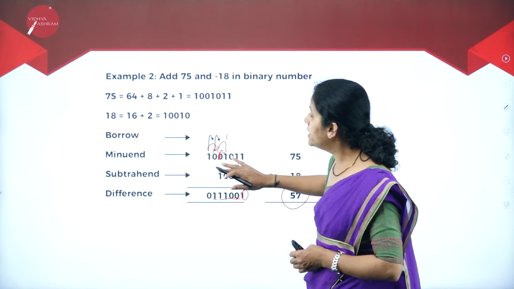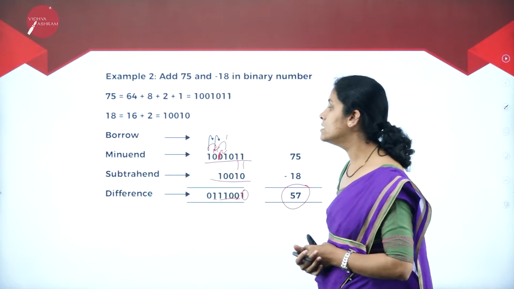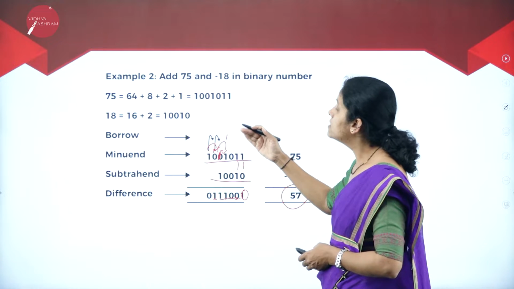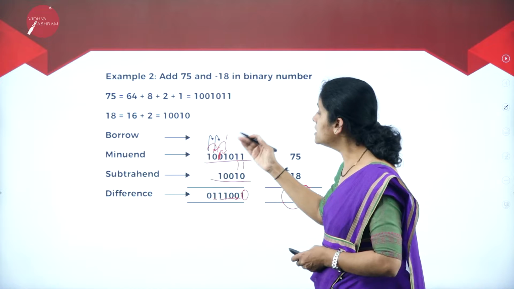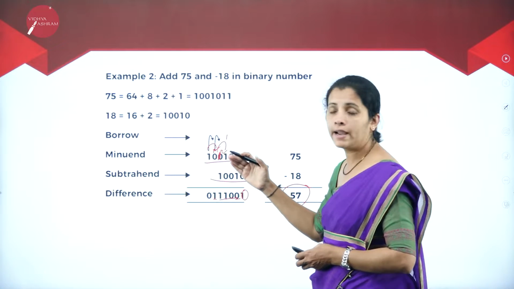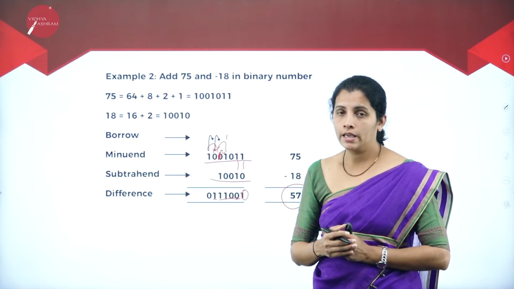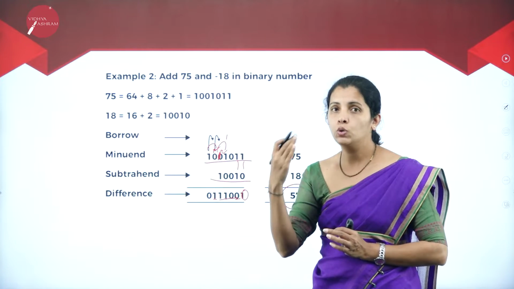So at the beginning, I'm going to have the minuend and I'm going to have the subtrahend. And I'm going to perform the subtraction operation. And when the minuend is smaller than subtrahend, what I want to do? I want to borrow the carry. When I borrow the carry, it is going to become 2.